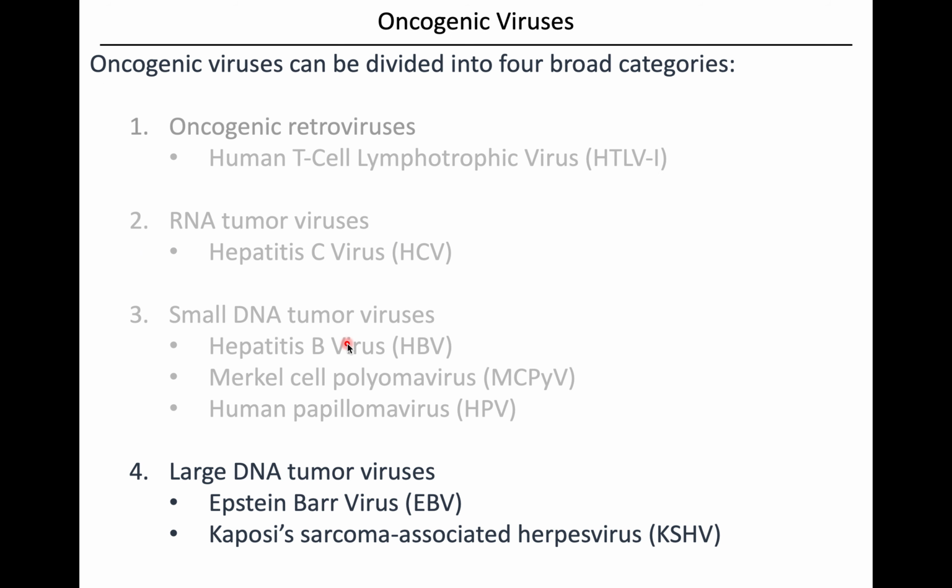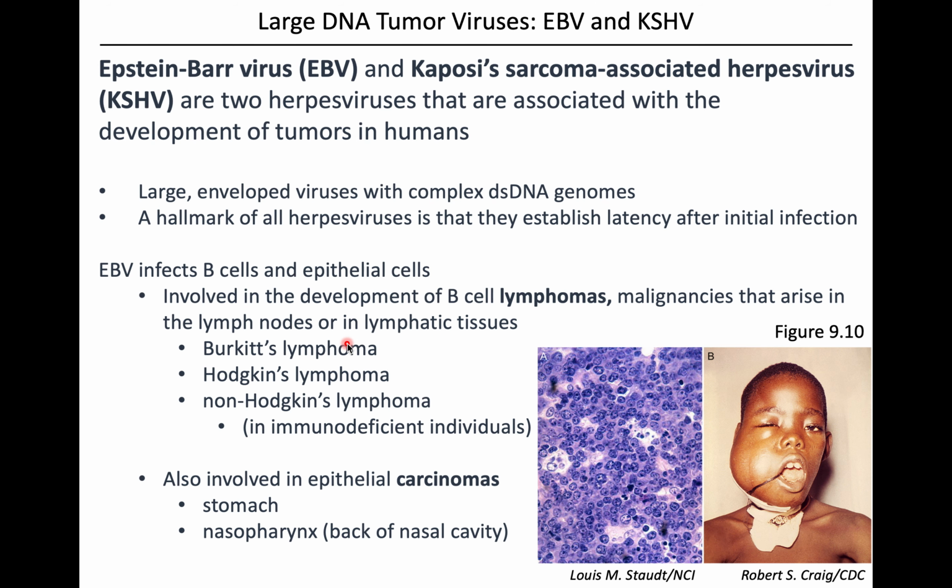All right, our last group, the large DNA tumor viruses, includes two: Epstein-Barr virus and Kaposi sarcoma virus. These are both herpes viruses. They are large, enveloped, with complex double-stranded DNA genomes. They always say herpes is forever, right?